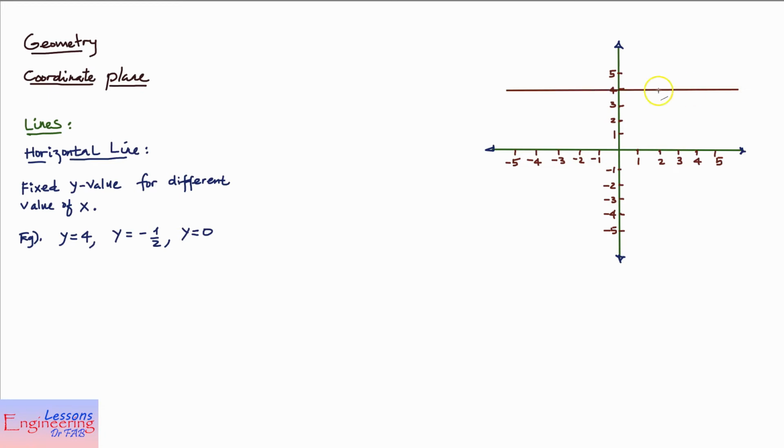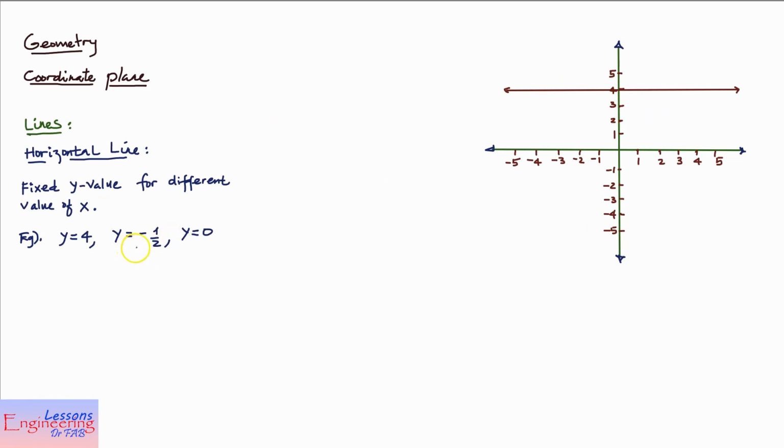So that's our first horizontal line, and it continues indefinitely. On this line the value of y is unchanged, so regardless of x, the value of y remains the same. It's always 4.